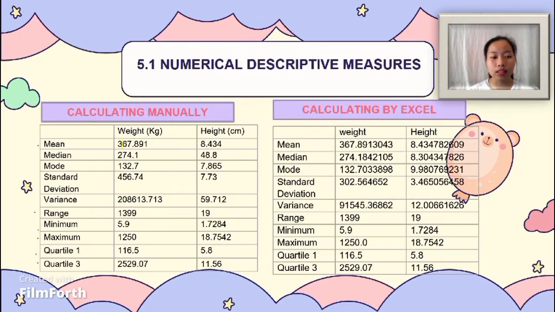For example, for the weight, the mode is 132.7 and the calculation by Excel for weight is also 132.7. But for the height, the mode is 7.865 and the height mode calculated by Excel is 9.980. This is not the same. The difference is 2.115.